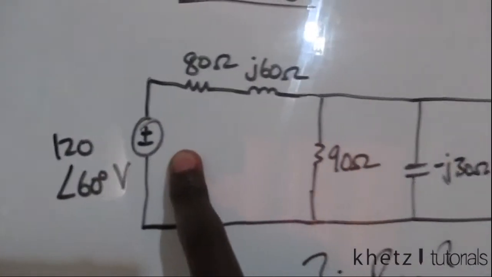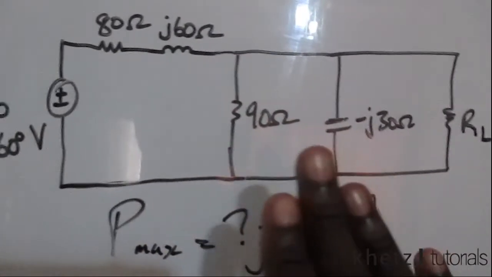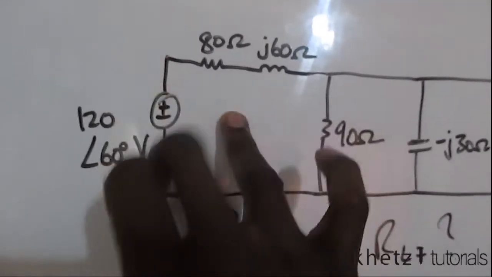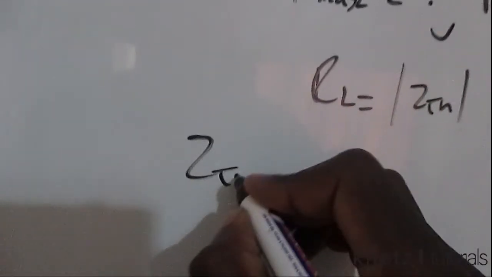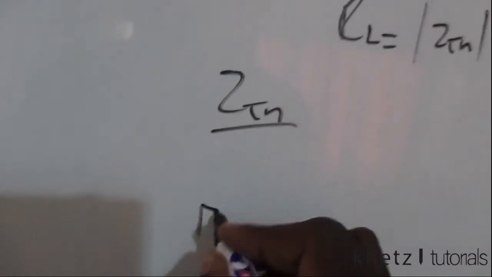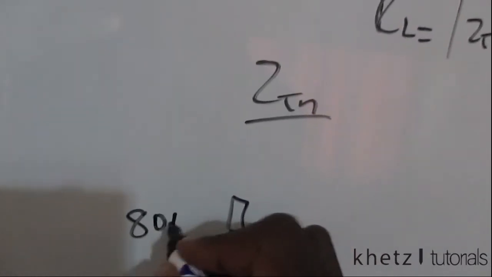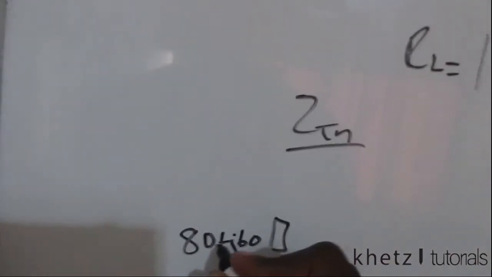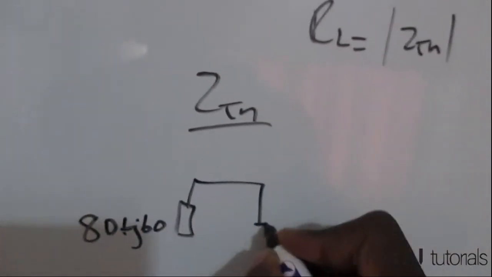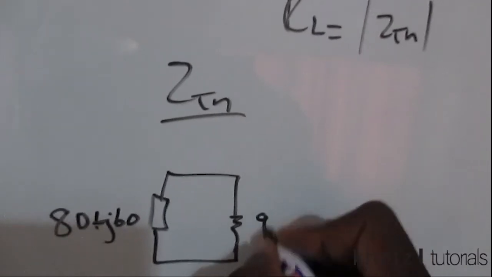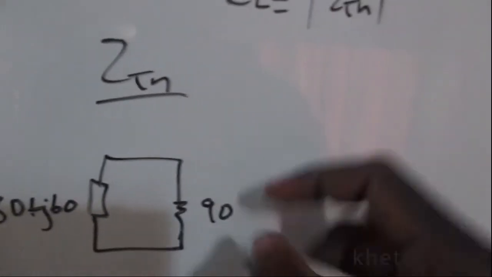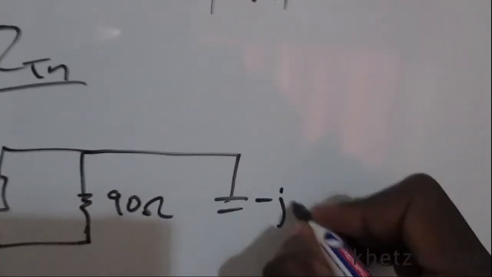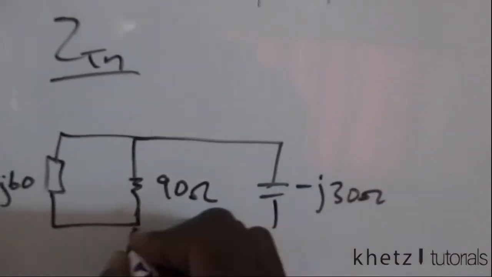So taking this out, we're going to turn all independent sources off, which is this one only. That's going to be a short circuit, which means when we compute our ZTH, we're going to have 80 plus j60, which comes from the combination of those two, in parallel with 90 ohms, sorry, not degrees. And here we're going to have negative j30 ohms as well.